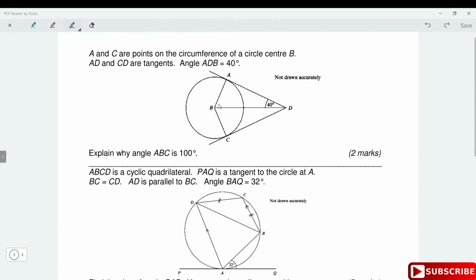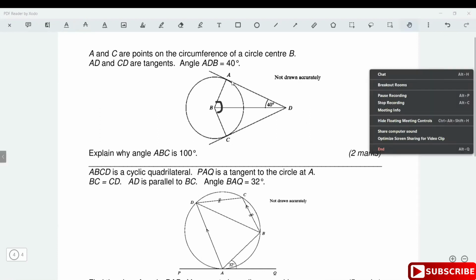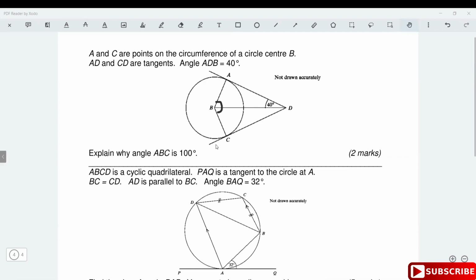Angle ABC is 100. Let's show why. The first thing is that two tangents drawn from a single external point are equal in length. So we can tell first thing, AD is equal to CD.